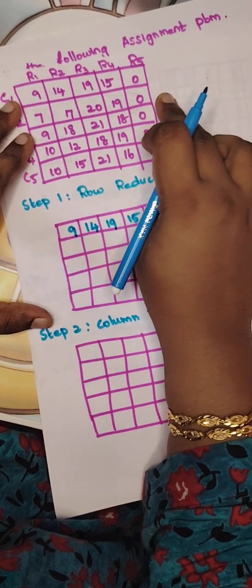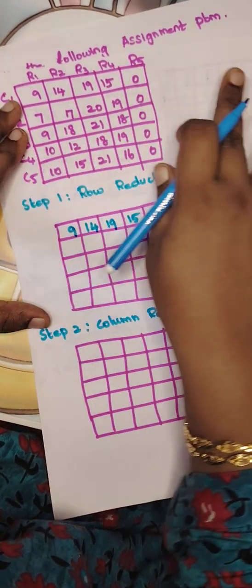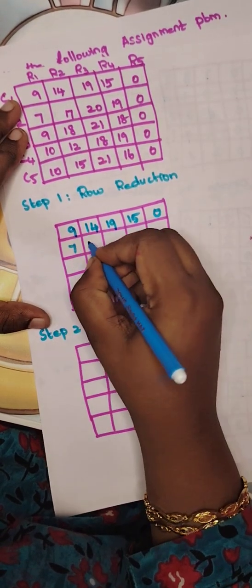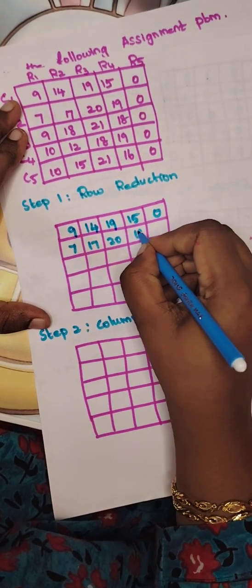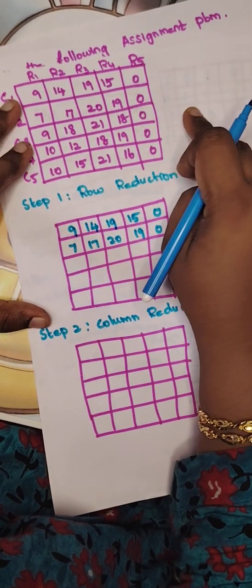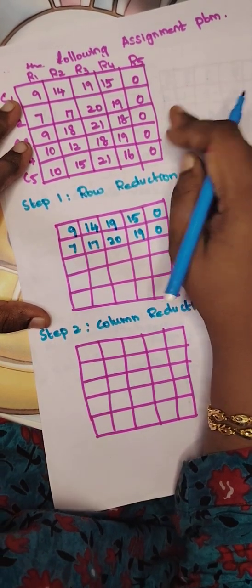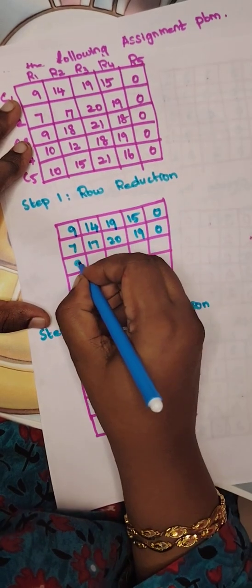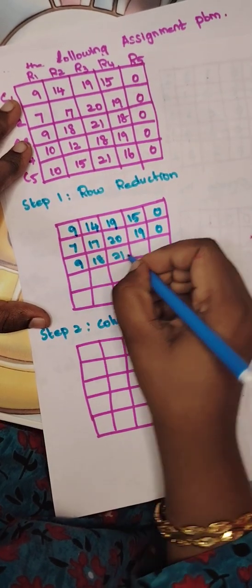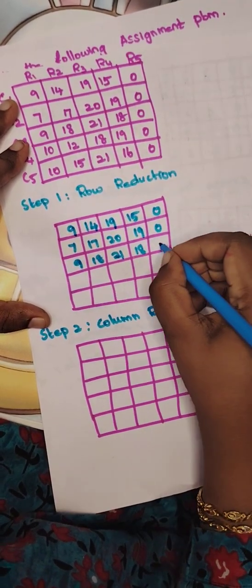In the second row the least element is 0, so the values are 7, 17, 20, 19, 0. In the third row also the least element is 0, so I'll write the same values: 9, 18, 21, 18, 0.